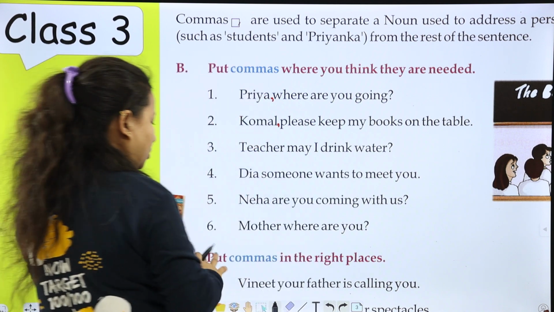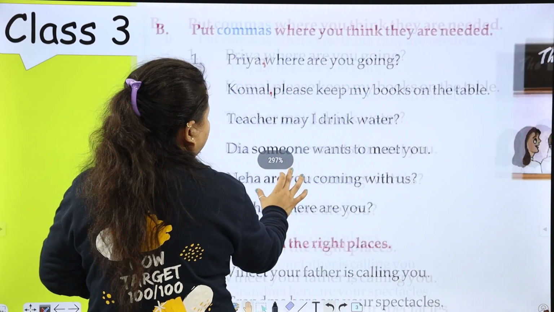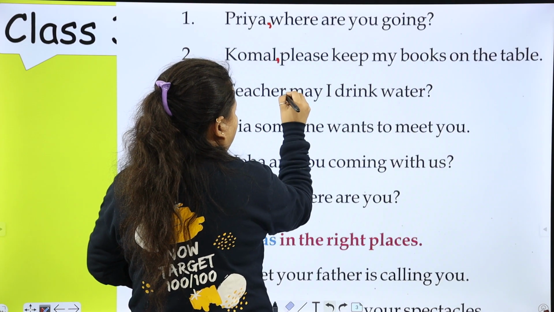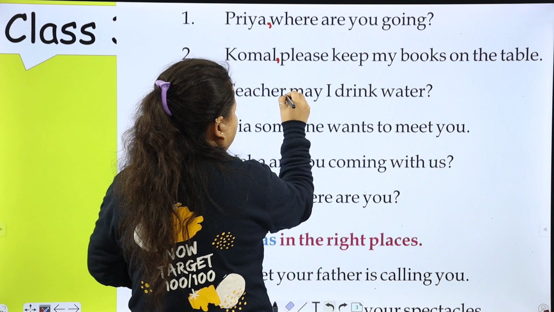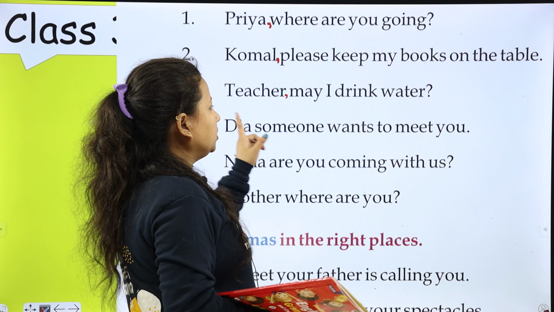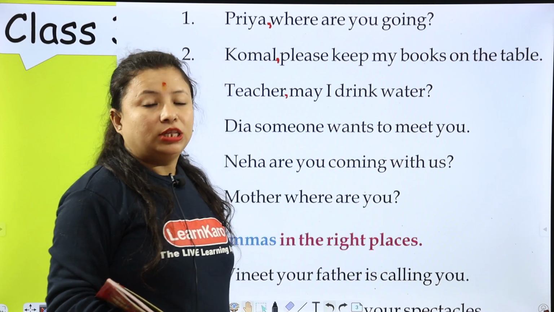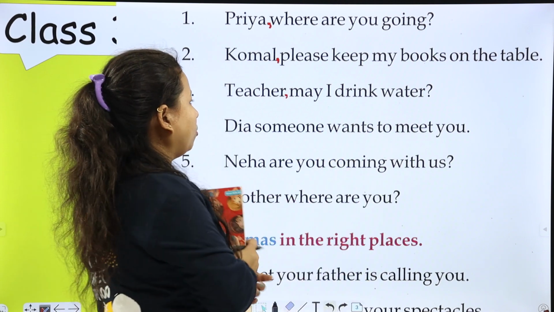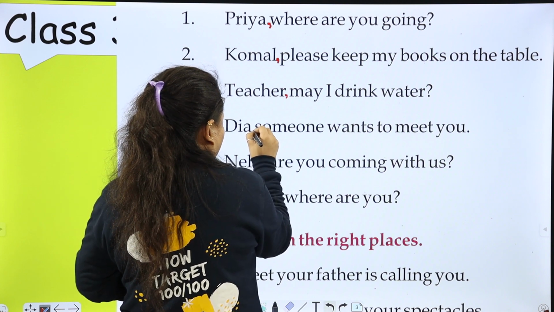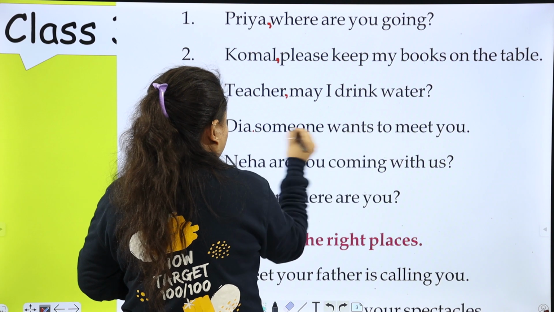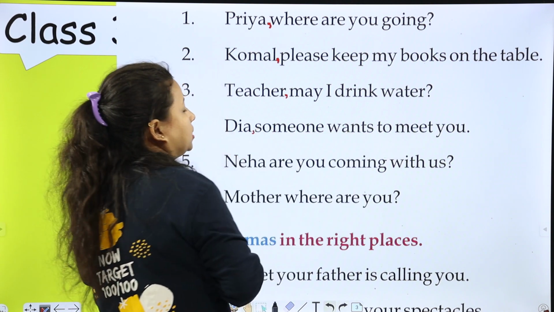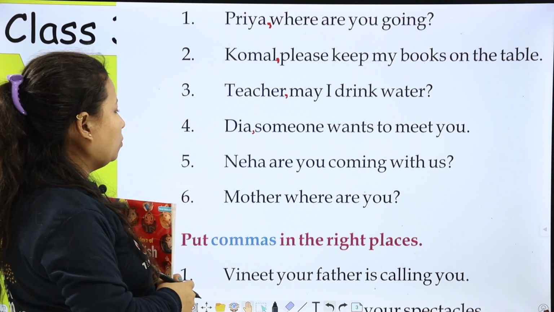Teacher, may I drink water? So teacher and comma, a slight pause. Diya, someone wants to meet you. I am addressing Diya, so now a slight pause. Someone wants to meet you.